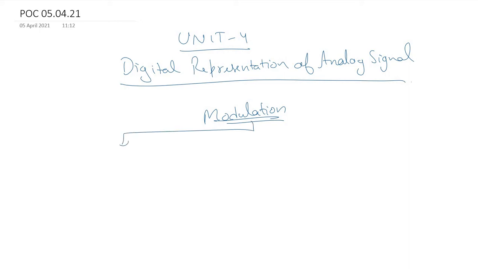So modulation can be broadly categorized as analog, or you can say continuous modulation, and digital modulation.